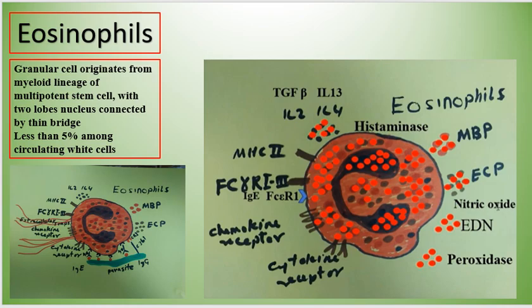Eosinophils are granulocytes from myeloid progenitor of hematopoietic stem cells, and they produce cytokines and granules: major basic protein, eosinophil cationic protein, and eosinophil derived neurotoxin.